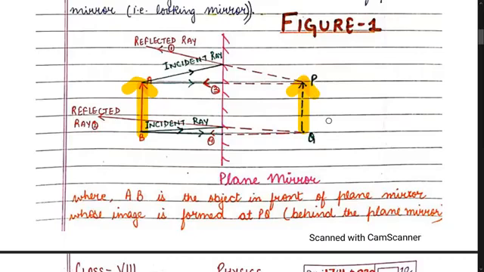This image PQ is virtual image, and students, kindly remember that all the rays behind the plane mirror are always shown dotted, and virtual image is also formed behind the plane mirror, and hence it is also shown dotted.